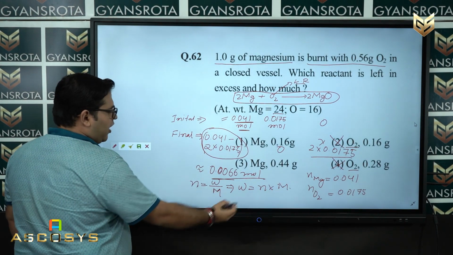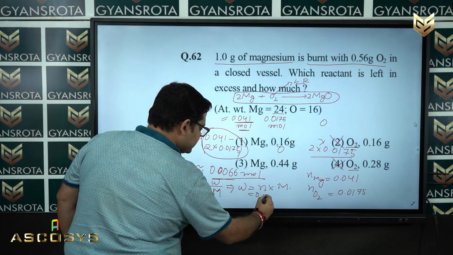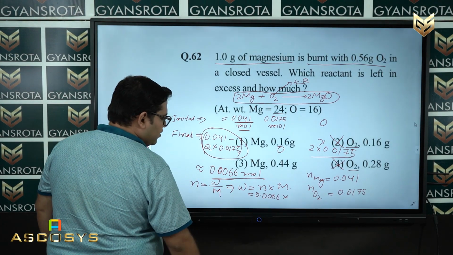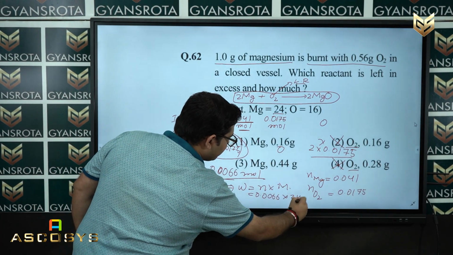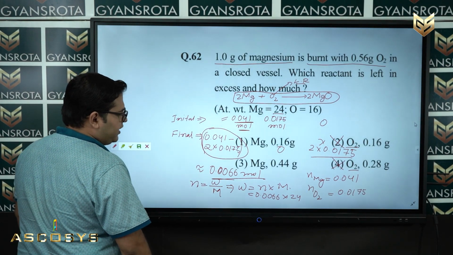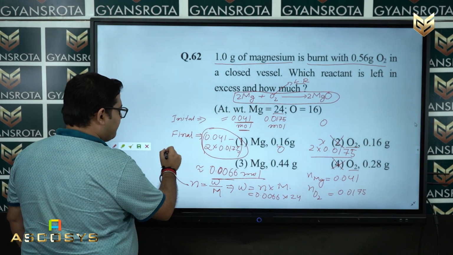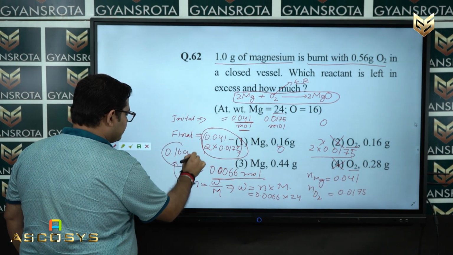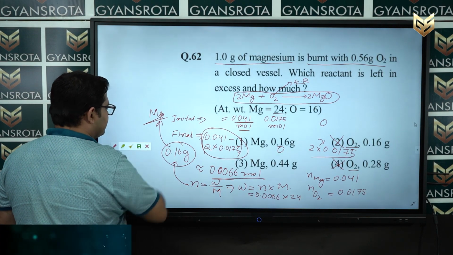That is 0.0066 into the molecular weight of magnesium, which is 24. When you solve this, your answer is approximately 0.16 gram. So, this is the magnesium excess amount.